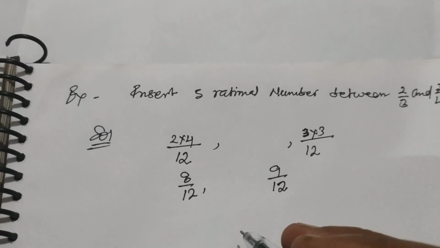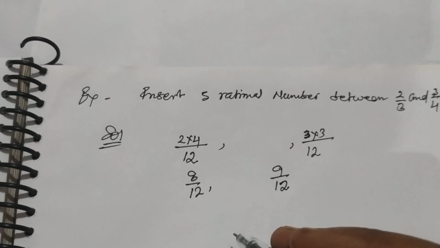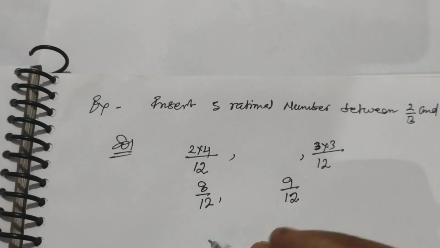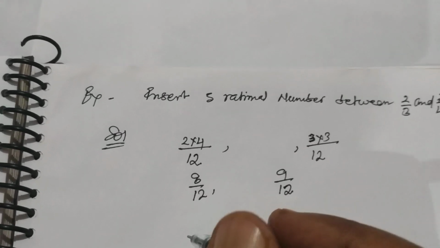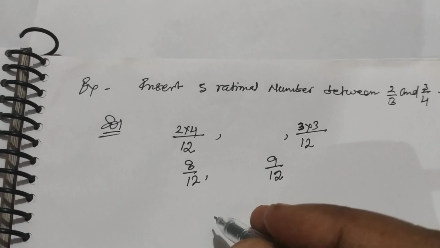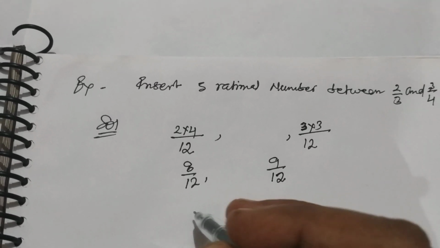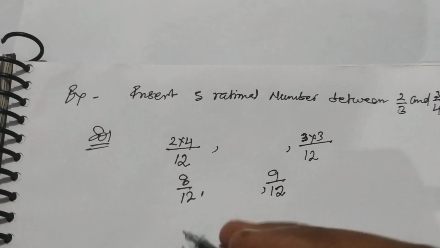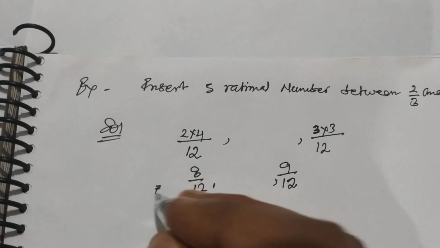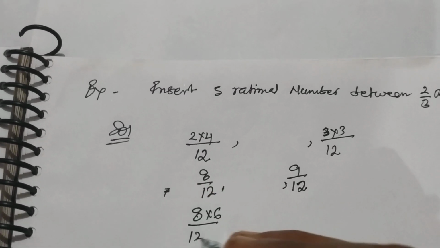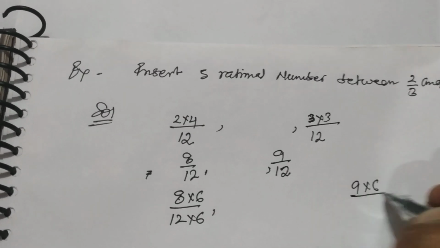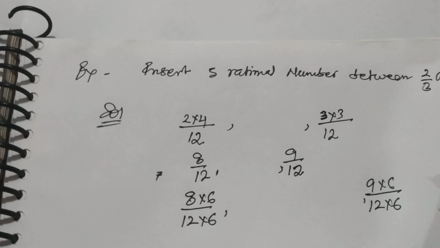Now we have to insert the 5 rational numbers. That means we have to multiply by at least 6 for more convenience. 8 into 6 upon 12 into 6, and 9 into 6 upon 12 into 6.